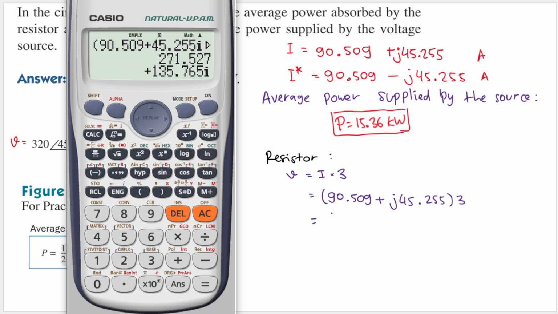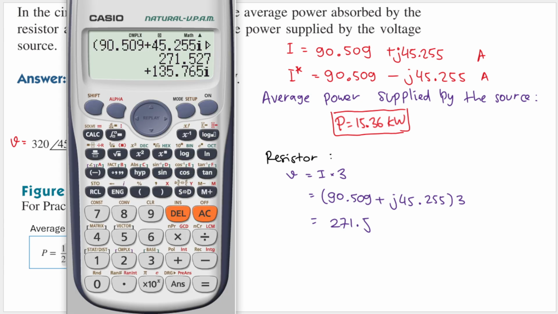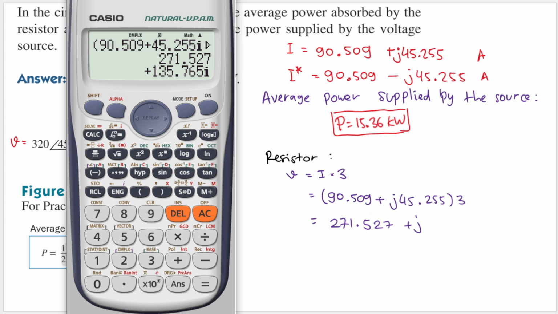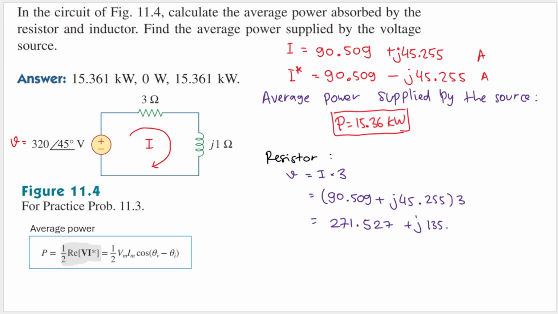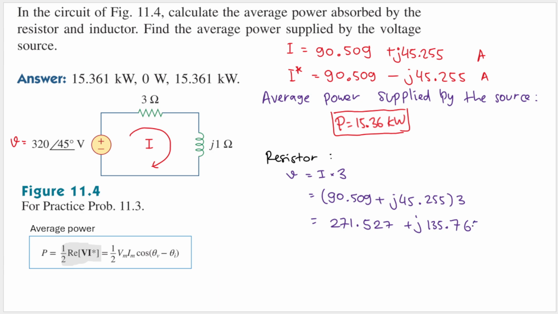Okay, so we'll have 271.527, and then plus J135.765, and the unit here will be in volt.